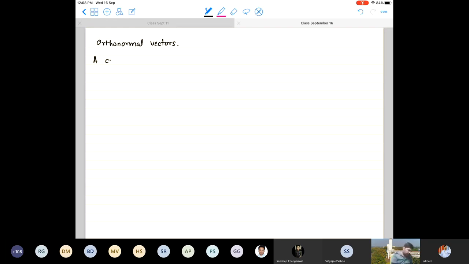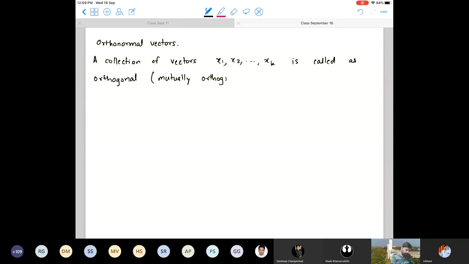Okay, so orthogonal vectors. A collection of vectors x1, x2 up to xk is called orthogonal, or generally mutually orthogonal, if the inner product of xi and xj is 0, or the way we have been writing it, xi transpose xj is equal to 0 for 1 less equal i not equal j less equal k.